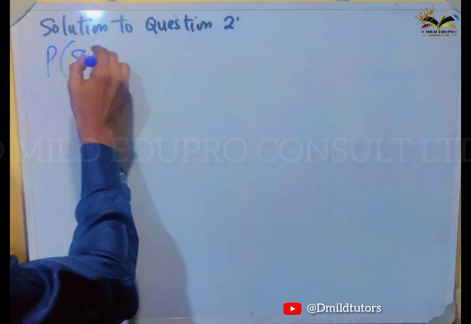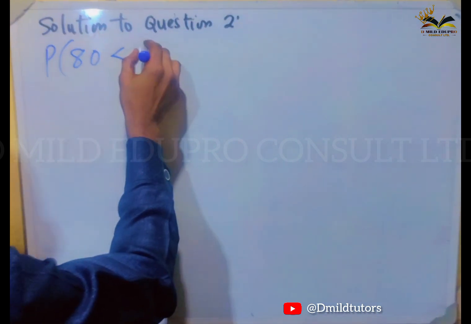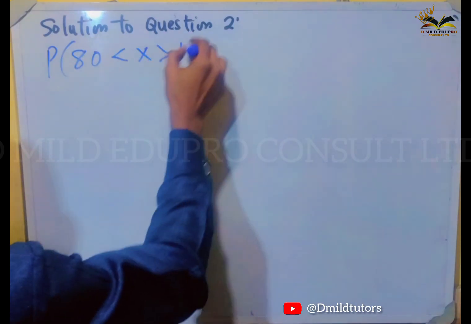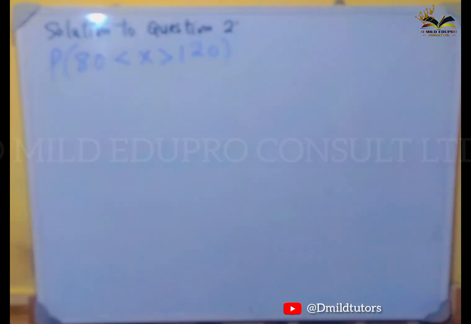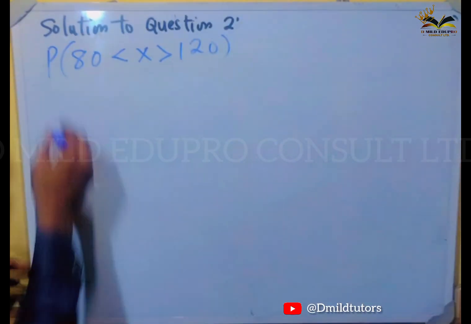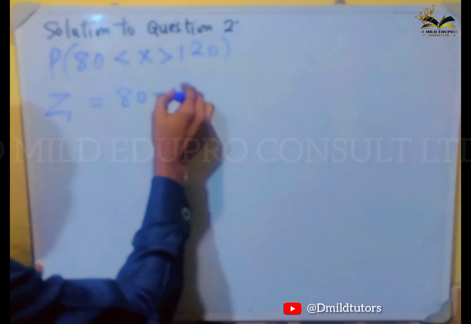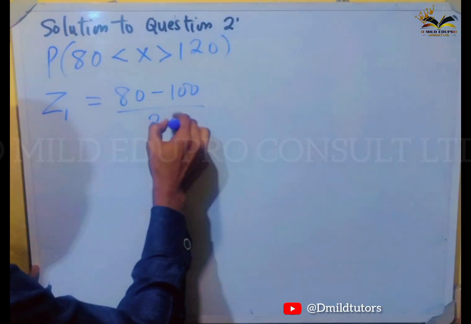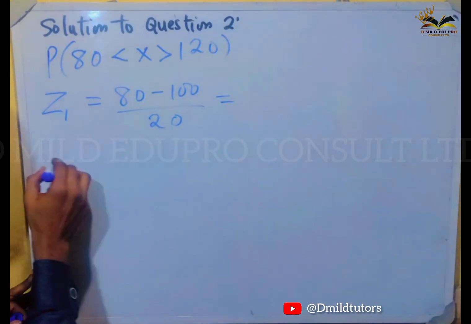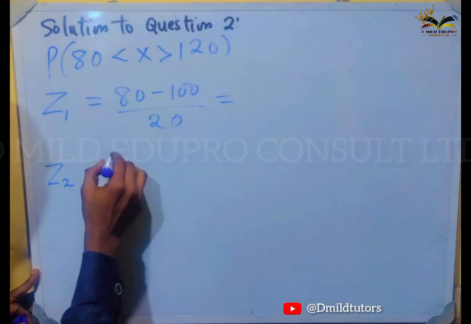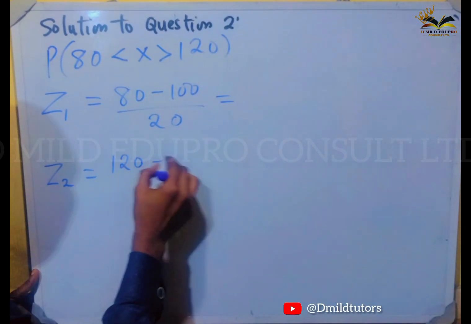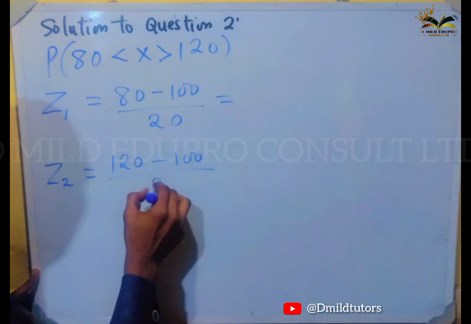Now for the probability of 80 less than x, and x less than 120, we're going to have two z-scores. So refer to it as z1, which is going to be 80 minus 100 over 20. And then we're going to have a z2, which is 120 minus 100 over 20.